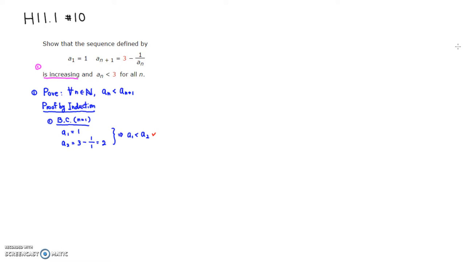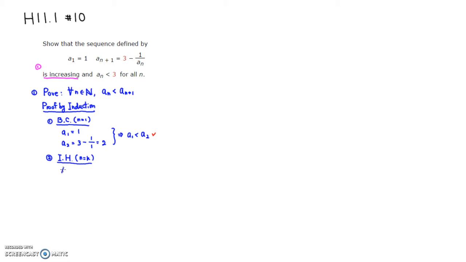The next step is number 2. We need to just assume the induction hypothesis. When n equals k, then we have this inequality.